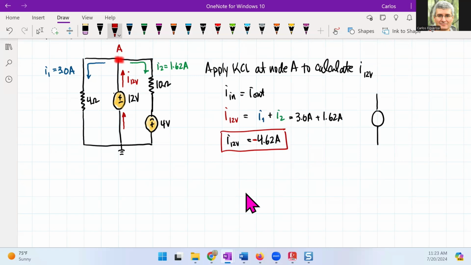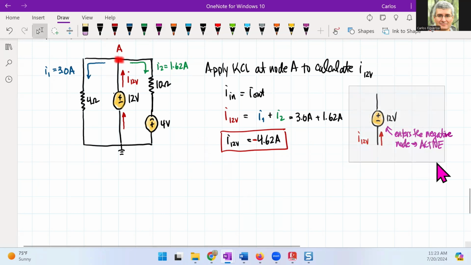Because when I look at the current, look at the direction of the current. That current is the current of the 12 volt source. And we see here that it enters the negative node. That implies that it is also active and it is supplying energy.